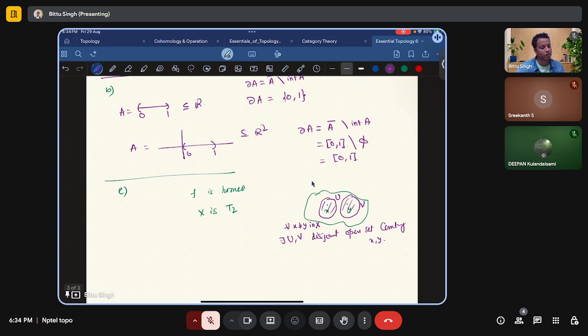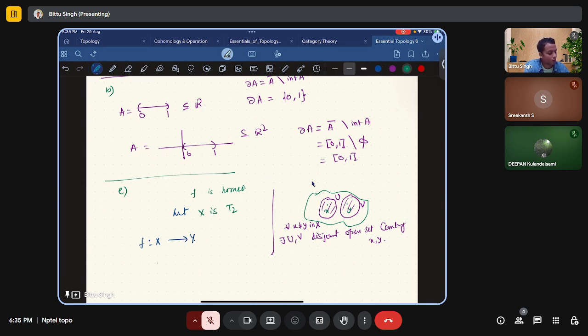Now what can be done? Okay, this is the definition of Hausdorffness. Now we want to use this property for separation of any two points in the codomain. f is a map from X to Y. Let X be Hausdorff. We want to prove Y is also Hausdorff.